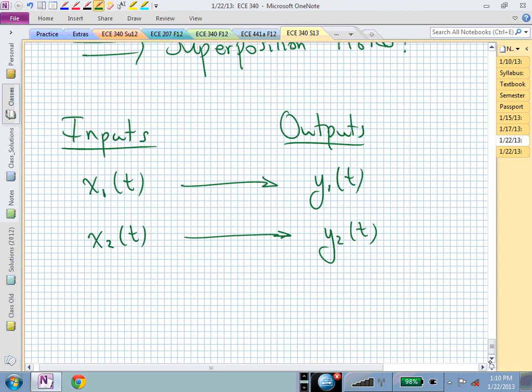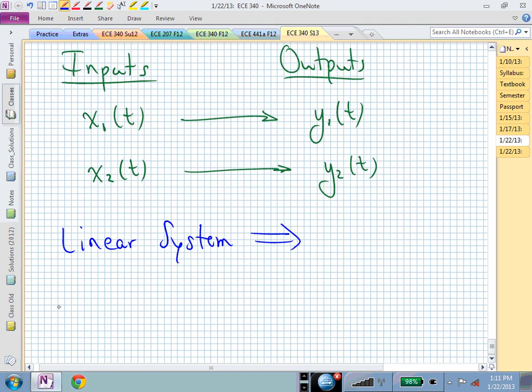If I'm working with a linear system, then that is going to allow me to say something about a linear combination of inputs x1 and x2.